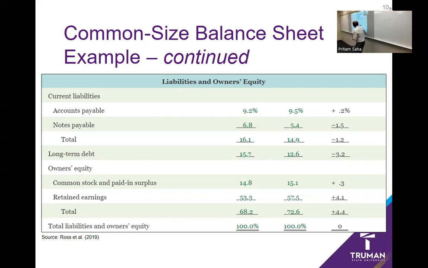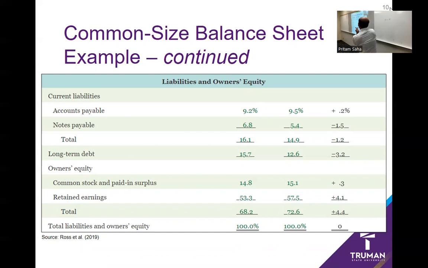So if you compare, I believe 68% is basically from total equity, and the remaining 33% is coming from total liabilities, right? Same interpretation here if you only look at 2018 values.